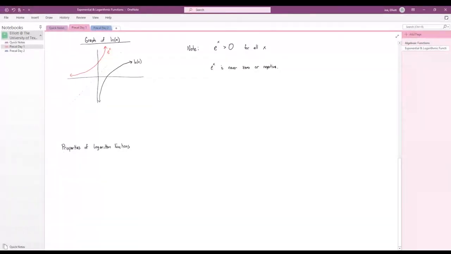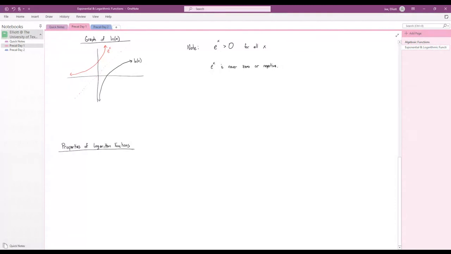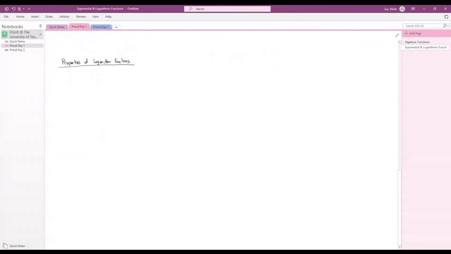Here I want to talk about some of the properties of the logarithm functions. I'm going to write all these properties using the natural log function, but these properties apply to a logarithm of any base.